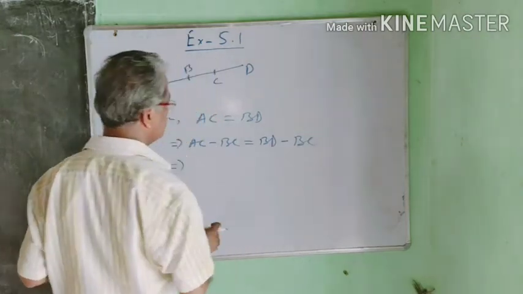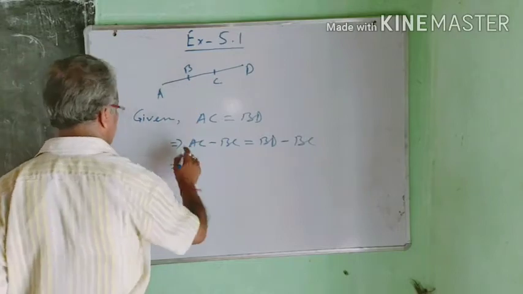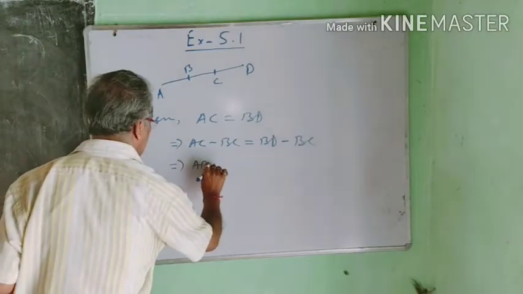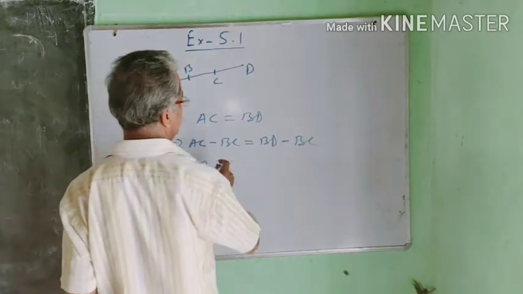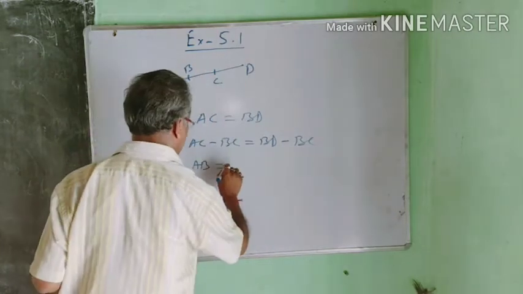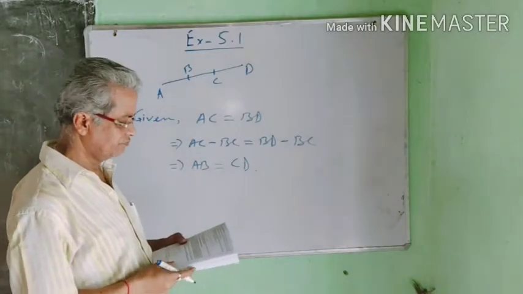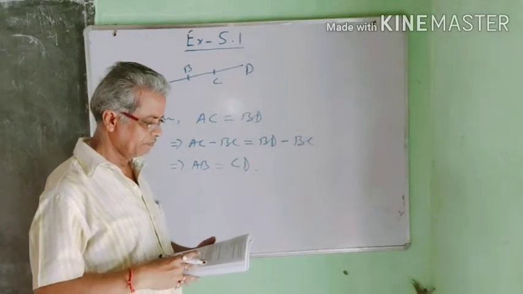Subtract BC from both sides. AC minus BC is AB. And BD minus BC is CD. As proved, AB is equal to CD.